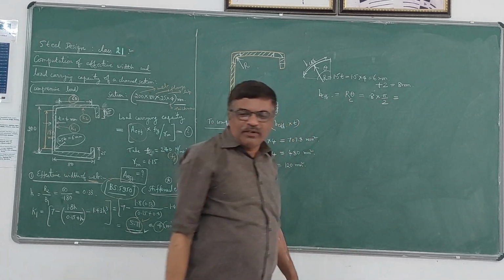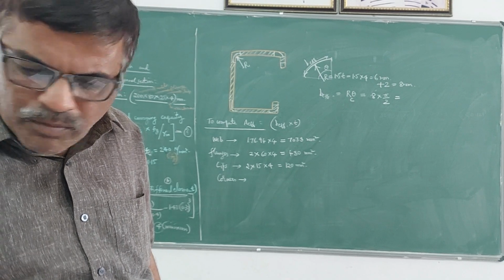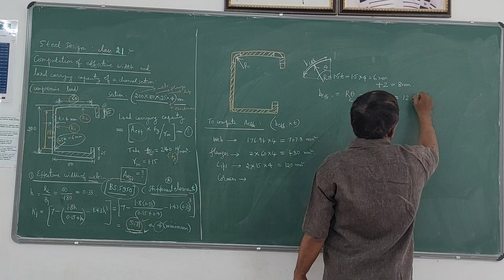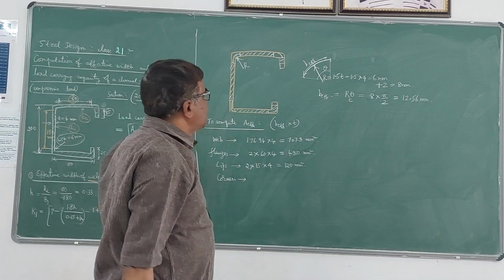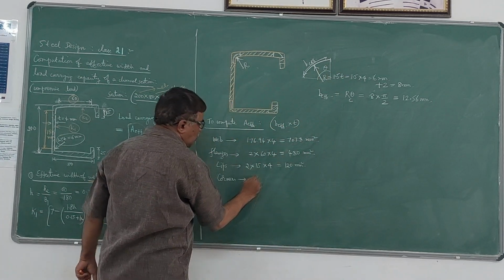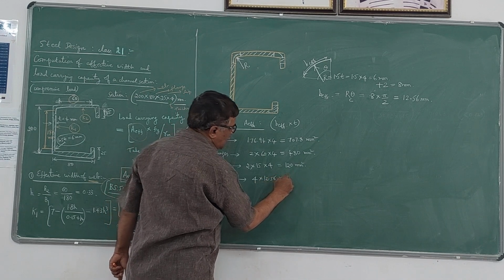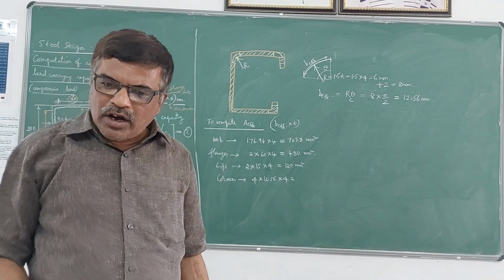If you simplify that, you will get 12.56 mm. Approximately you can take 12.56, and this is B effective for one corner. There are 4 corners, so 4 into 12.56 into 4 mm, the thickness once again 4 mm.